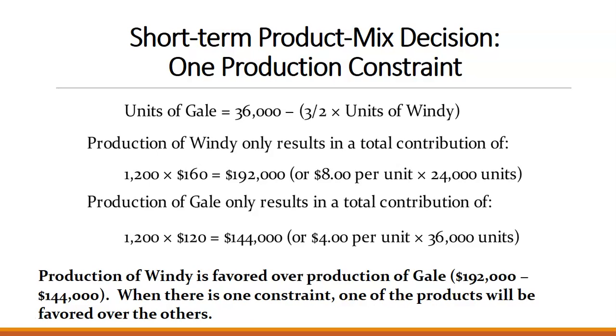So we have production of Windy results in a total contribution margin of 192,000, while production of Gale only results in a total contribution margin of 144,000. Windy is favored over the production of Gale. So this gives us another reason to look at only producing the Windy windbreaker and maybe discontinuing that Gale product line.